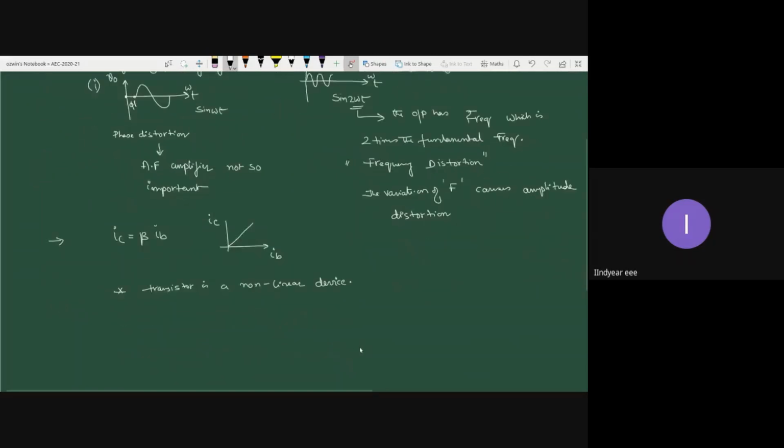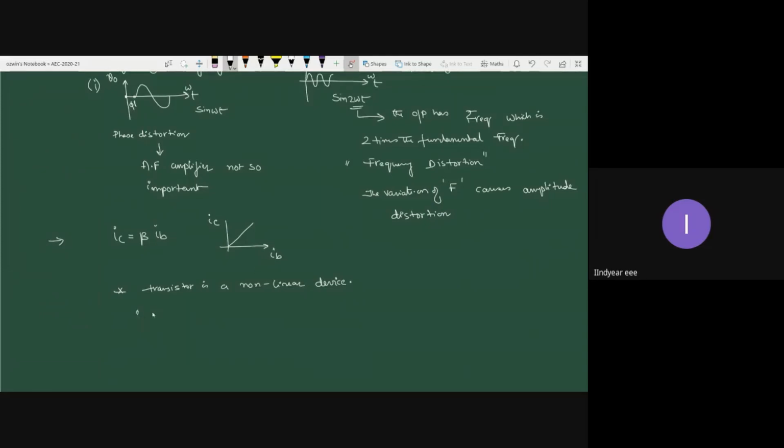Now, due to this non-linearity, the waveform of the output voltage differs from that of the input signal. All right, let me repeat. Due to the non-linearity, the waveform of the output voltage differs from that of the input signal. Such a distortion is called non-linear distortion or amplitude distortion.